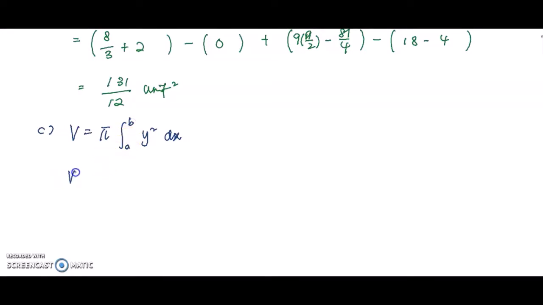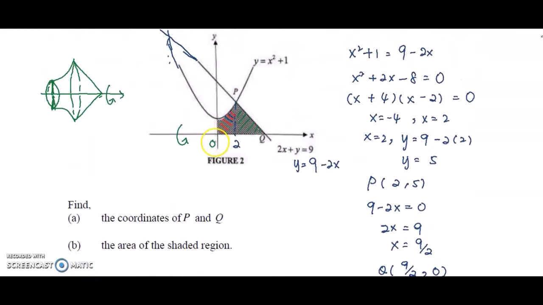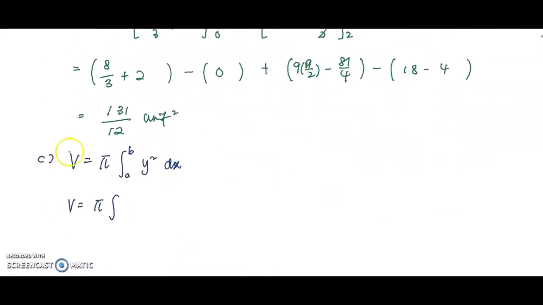I will separate the whole solid into two parts. The first part is from 0 to 2, and the other part is from 2 to 9 over 2. Both integrate with respect to x.